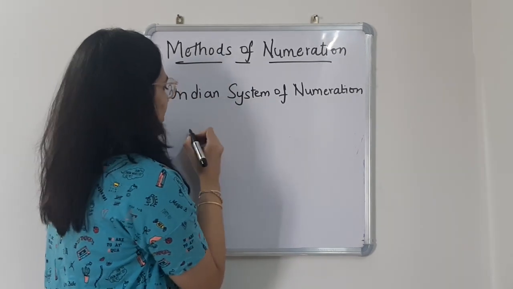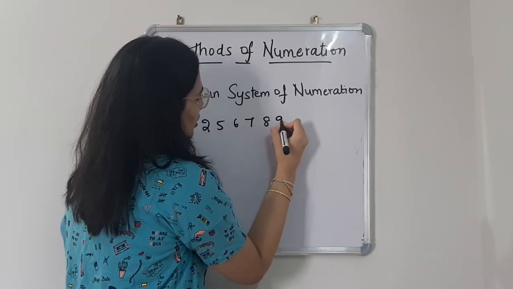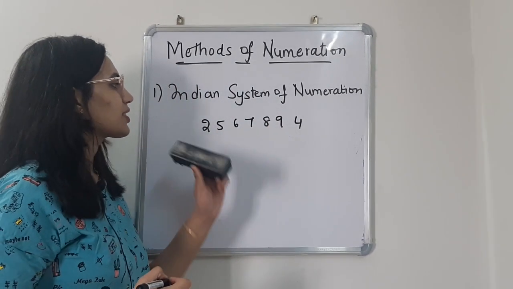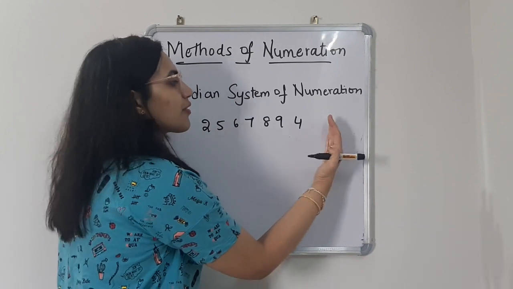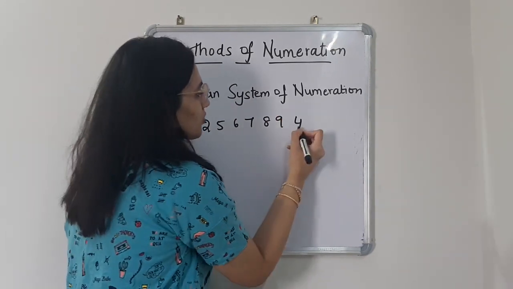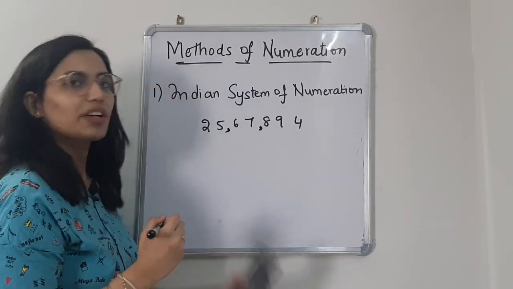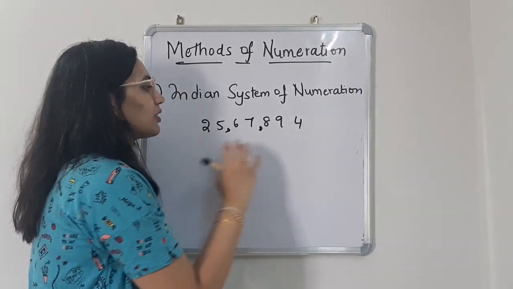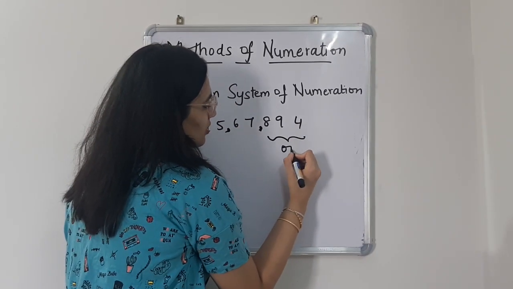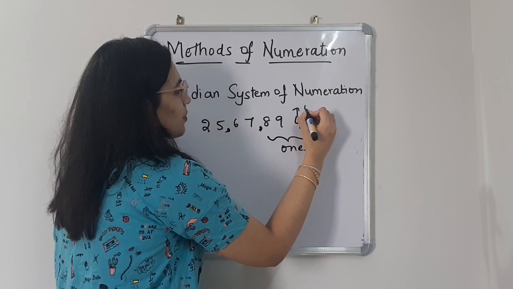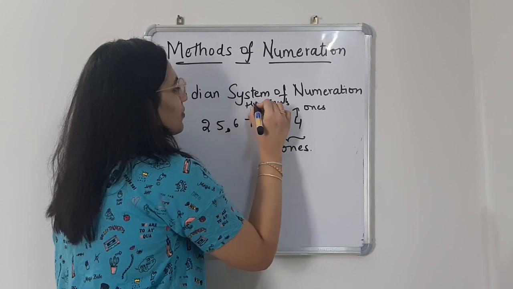Now, for example, let me take 2,5,6,4. This is a 7-digit number in which, as I told you, we need to start from the right to assign the commas. So 1, 2, 3. Then 1, 2, 1, 2. This is how you assign the commas. First, these are considered as ones, that is, this is ones place, tens place, and hundreds place.